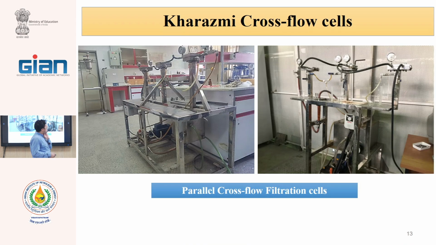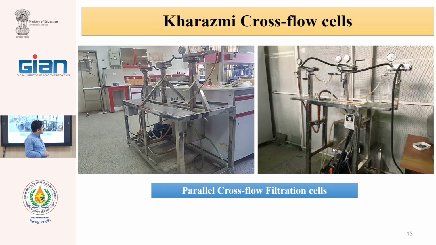This is my cross flow setup in Iran, and you see for repeating and increasing tests, we have three parallel cells for continuous testing of three membranes. You see here, we have a high pressure pump. Here is the tank. We put feed here.